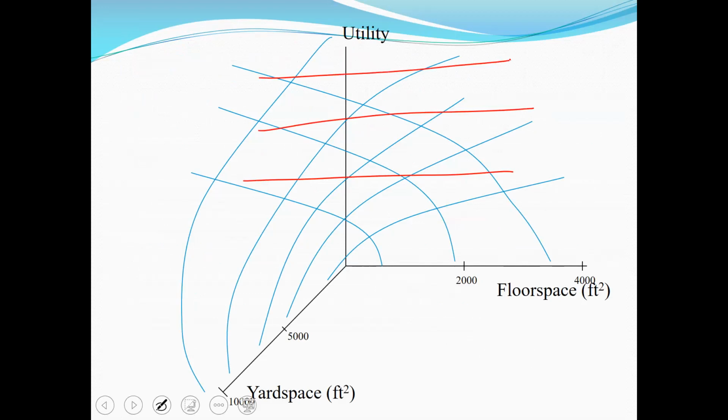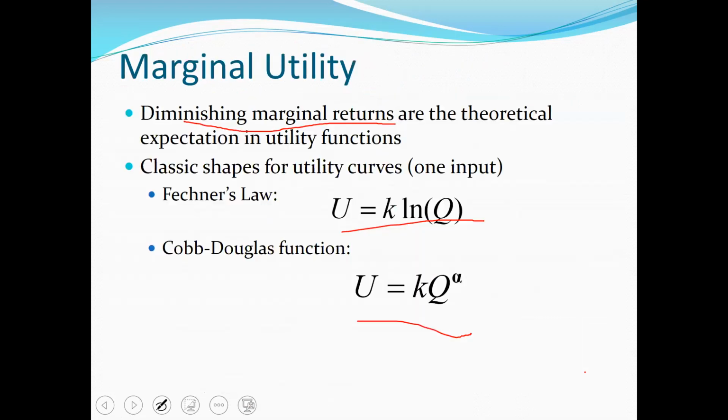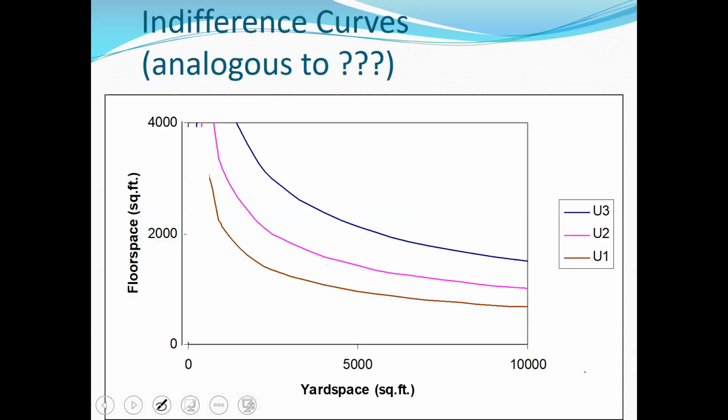I want you to tell me which one of these is U1 from the figure. So I'm going to show you that figure again, and now I'll come back to this slide. If you had to figure out which one of these is U1, which is U2, and which is U3 on the figure that I showed you before. Okay. So U1 is the lowest utility, U2 is the middle, and U3 is the highest utility.